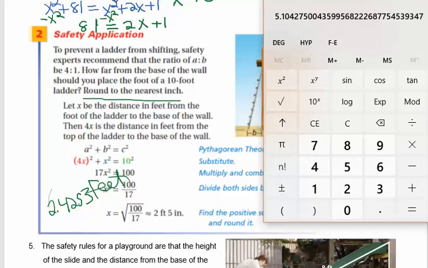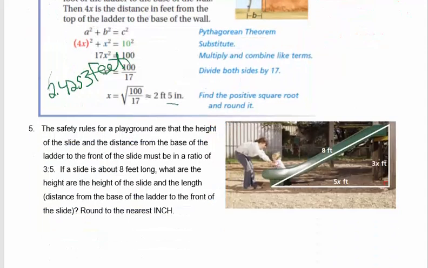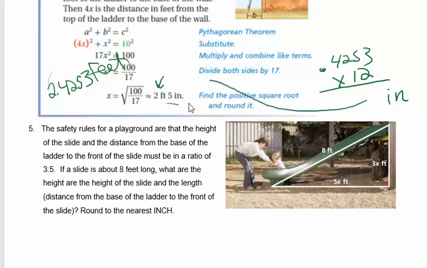And it's 5 inches. That's the part that they used for the 5 inches. So if you get a decimal part, you take the decimal part, 0.4253, and multiply by 12, because there's 12 inches in a foot. That changes that part of your problem to inches. You would leave the 2 feet because that is in feet, and then the 5 inches goes over here. You'll have to do something like that on this problem as well.